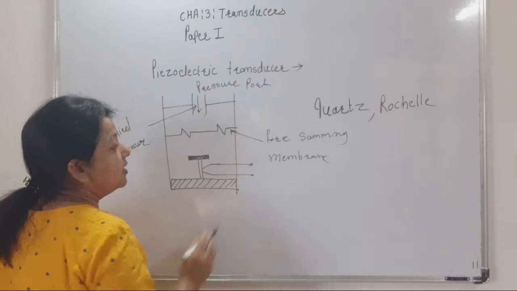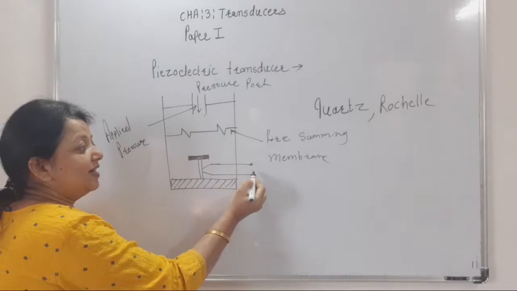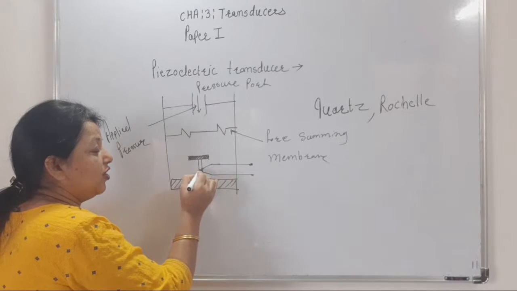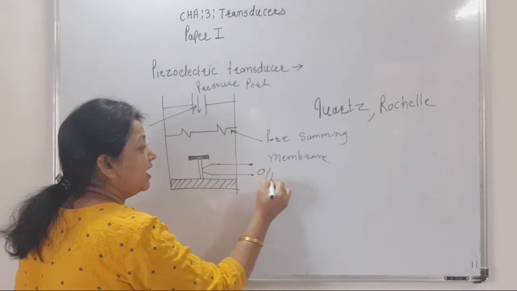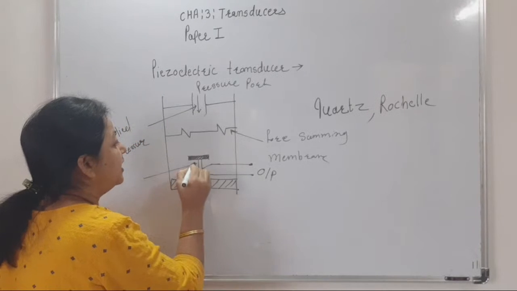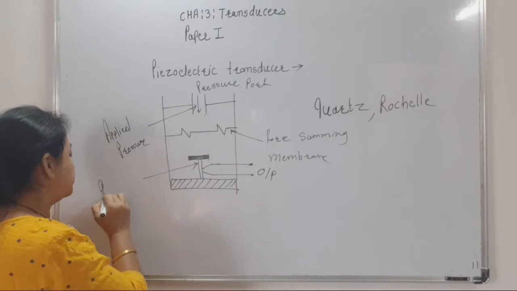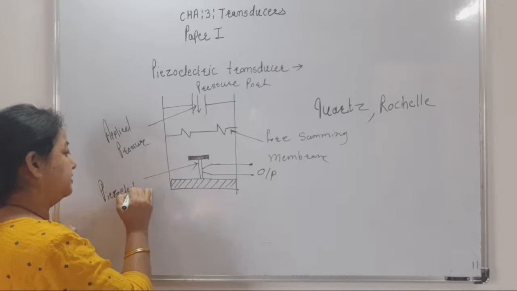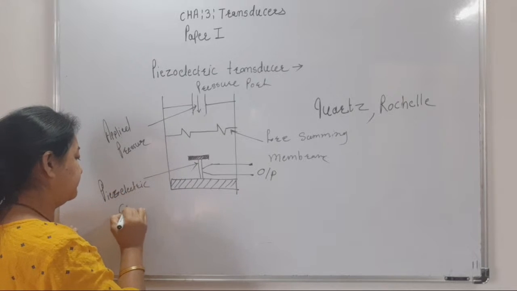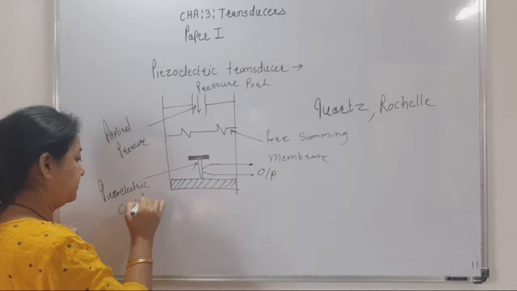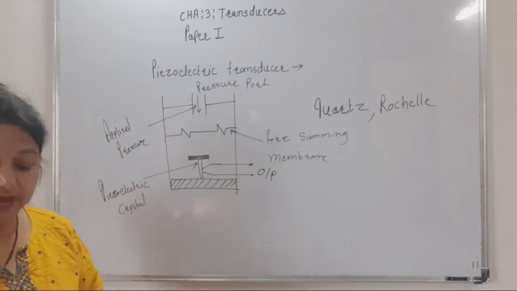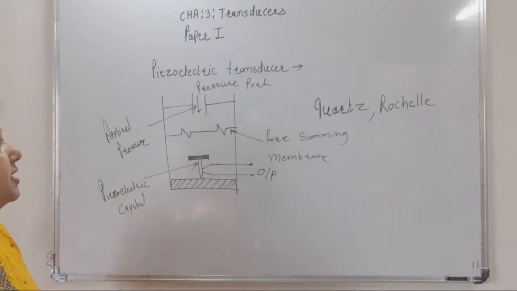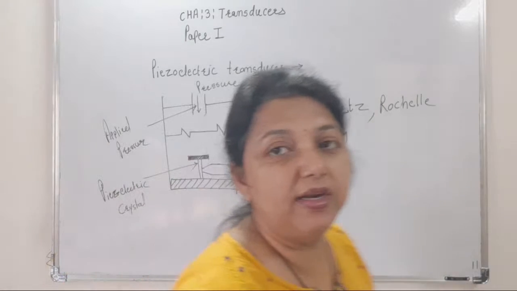Means what is the electric current developed, that is taken across that crystal. So here we write the output and here we write that piezoelectric crystal. So here force summing membrane, that is like your diaphragm.